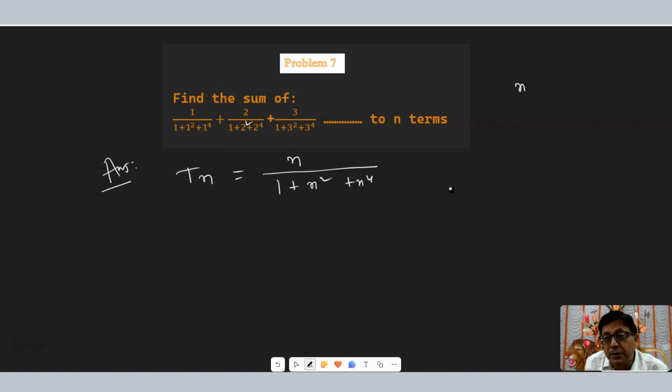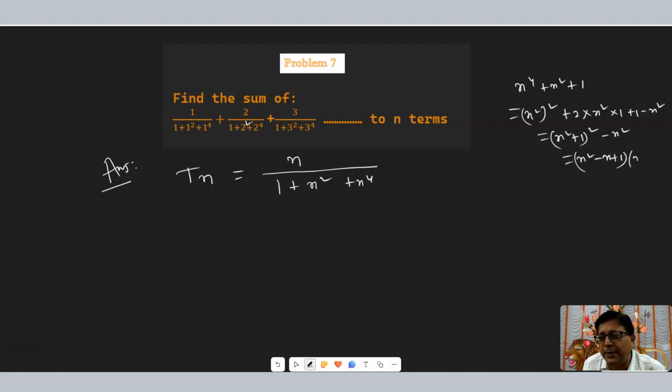There is a hope, because n to the power 4 plus n square plus 1, we can easily write as n square whole square, plus 2 into n square into 1, plus 1 minus n square. It is n square plus 1 whole square. I see a little chance that it can be changed to a telescoping series. Or it is already a telescoping series, we have to find just the sum.